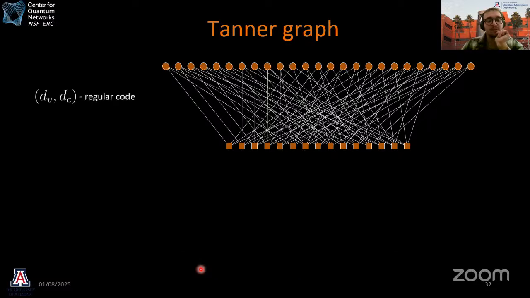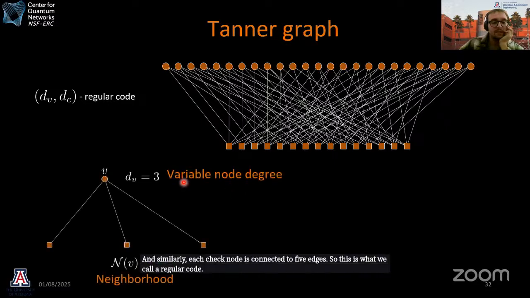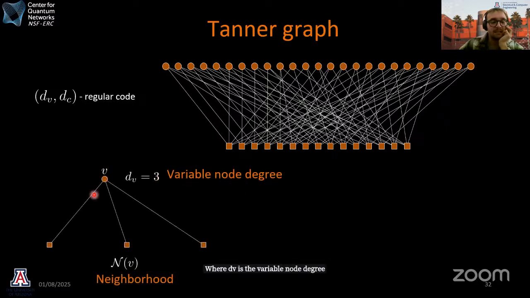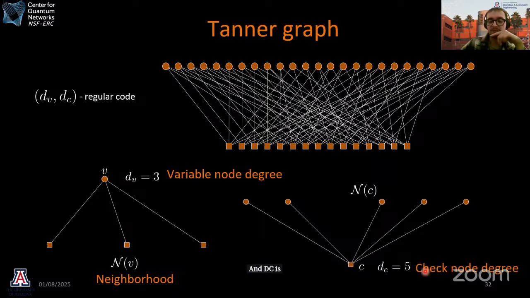In this case, we can see that each variable node is connected to exactly 3 edges. And similarly, each check node is connected to 5 edges. So this is what we call a regular code, where dv is the variable node degree, the number of edges incident to each variable node. And dc is the check node degree, so the number of edges connected to each check node.